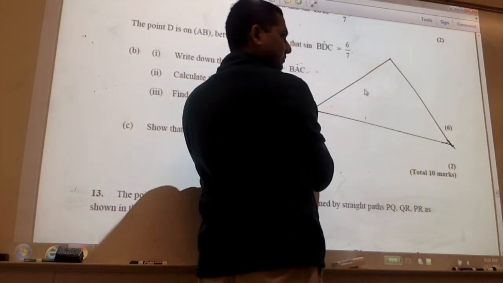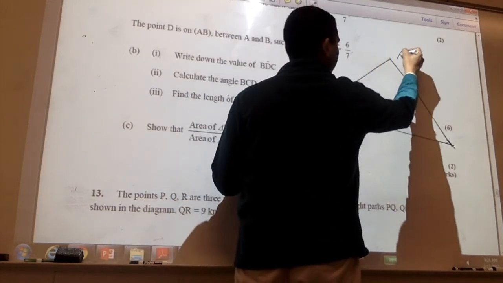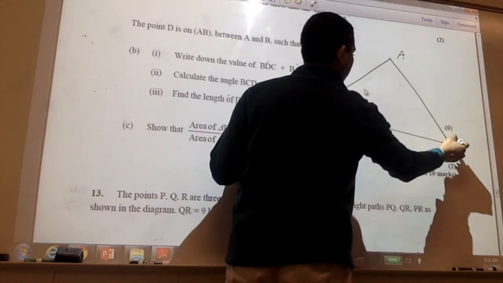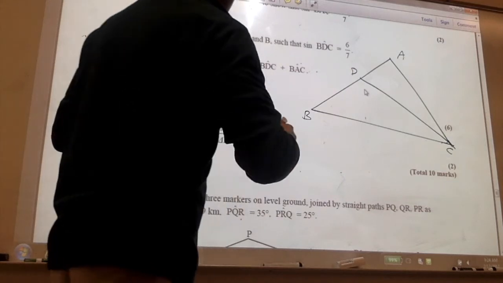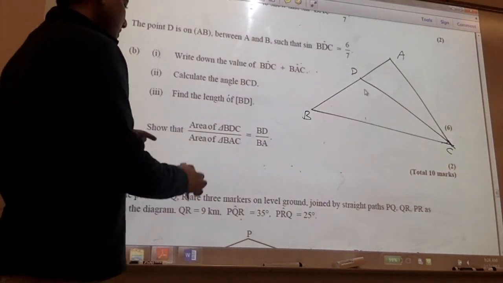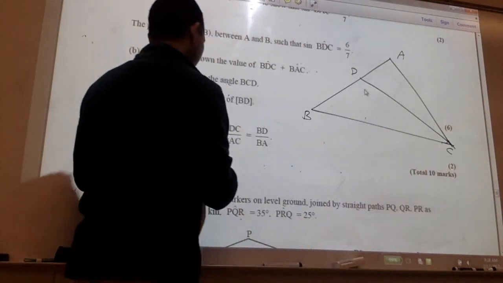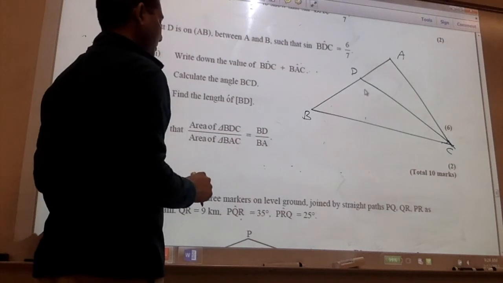Which is A, which is B, which is C? A is the top, B is the left, that is C. Yes. Okay. So now we have to show that area of triangle BDC over area of triangle BAC is equal to BD over BA.